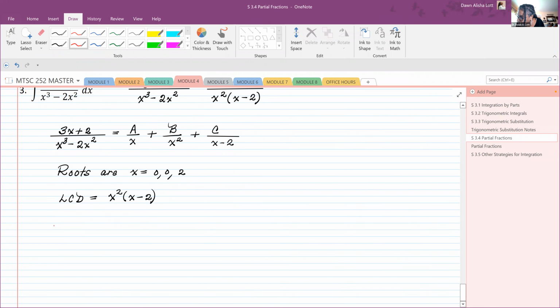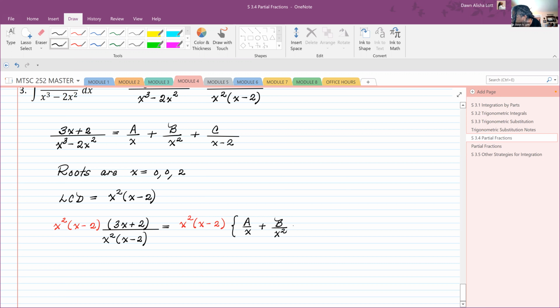I'm not going to do this anymore. 3x plus 2 divided by x squared times x minus 2 is equal to x squared times x minus 2 times A over x plus B over x squared plus C over x minus 2.